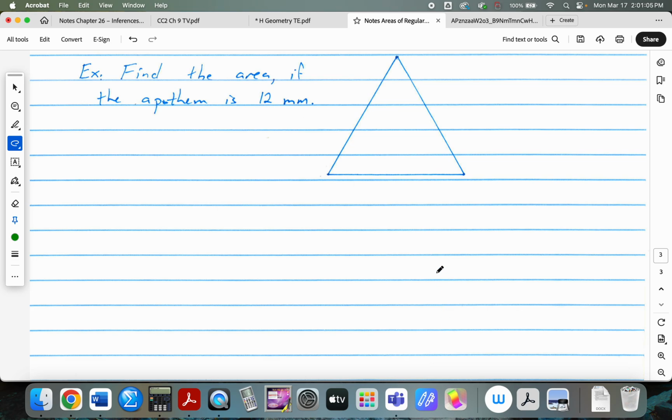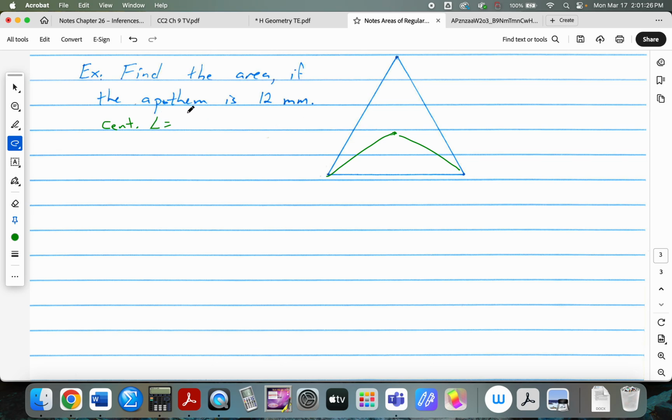Find the area if the apothem is 12. So estimate where the center is. Draw in the central angle. That's always your first step, is to draw in the central angle and find its measure.